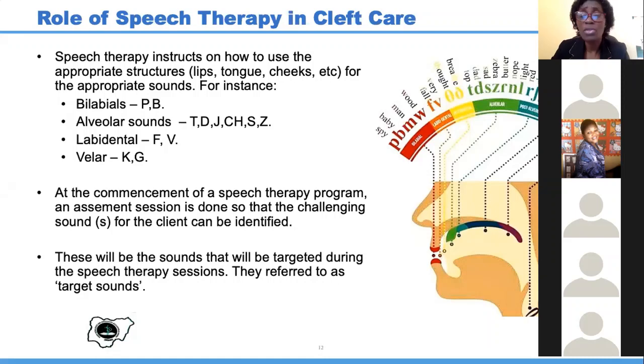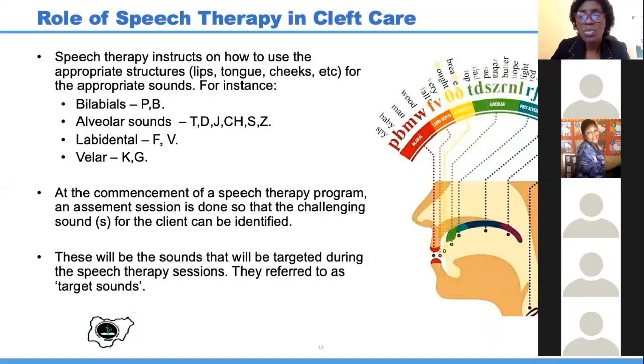Then we have the alveolar sounds, which are made with the tongue touching the alveolar ridge, that's the gum. You can try it even while I'm talking. You have the ta and the da. The tongue goes to meet the gum. And then you have the labiodental, where the teeth and the lips will have to come together to make sounds, or we talk about the velar sounds.